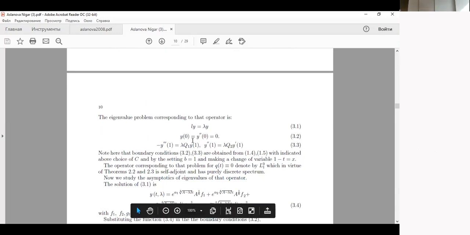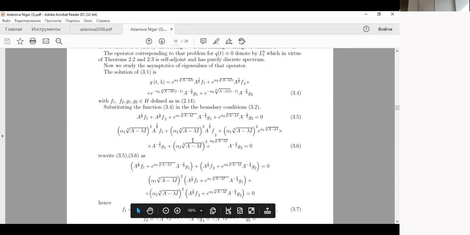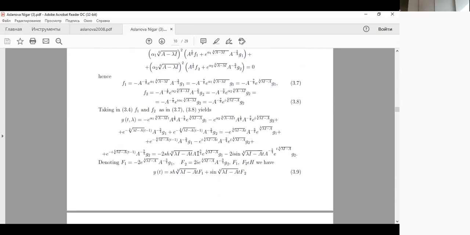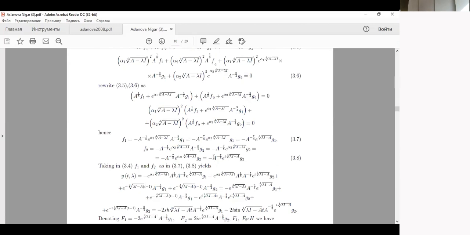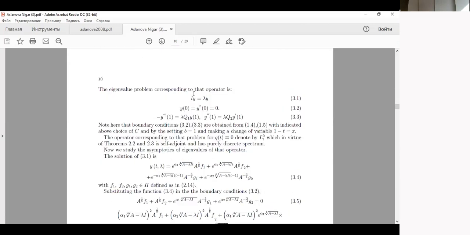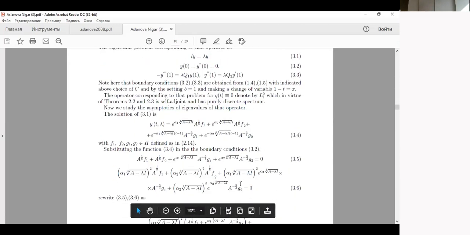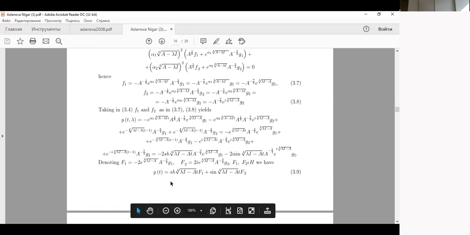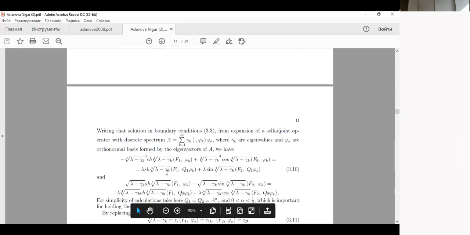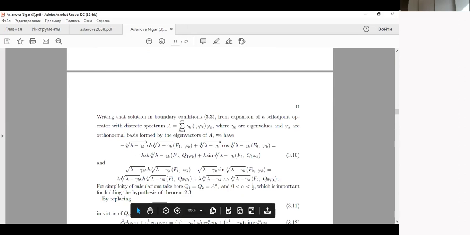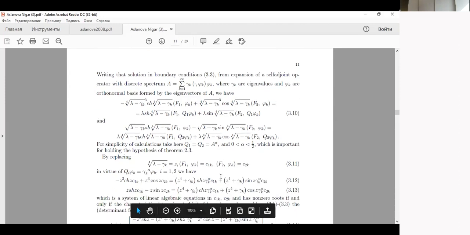When writing y(t) from the first equation, and writing this solution into the first and second boundary conditions, we get for the Fourier coefficients of the unknown function y(t) such an algebraic equation, 3.12 or 3.13.